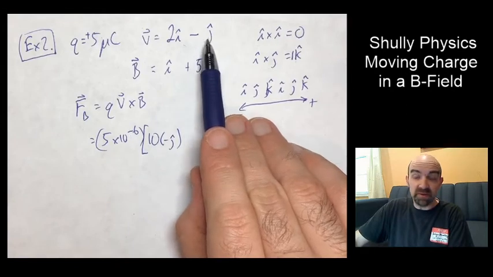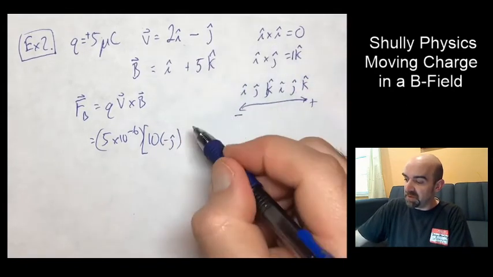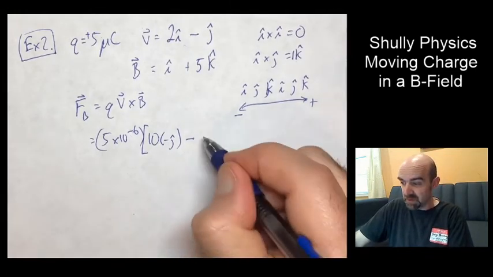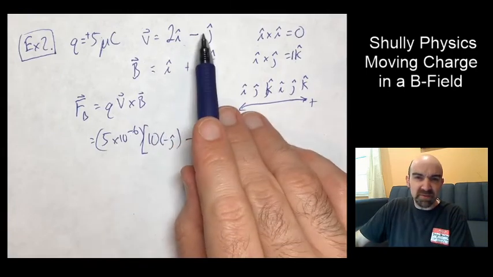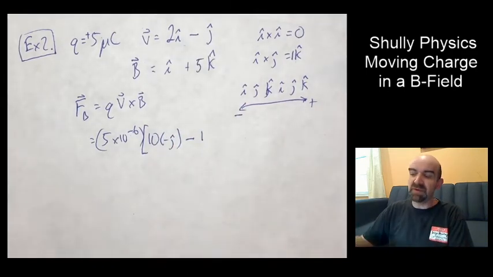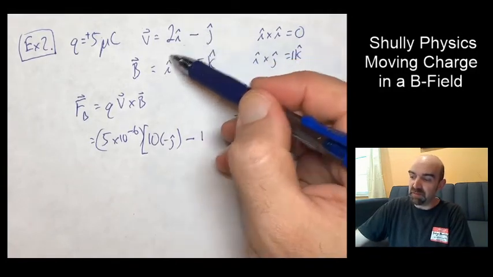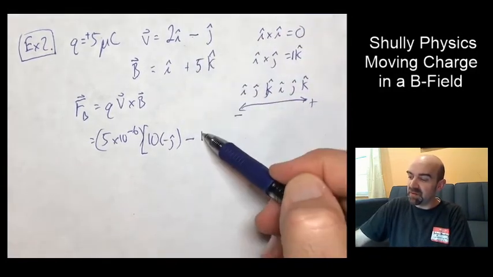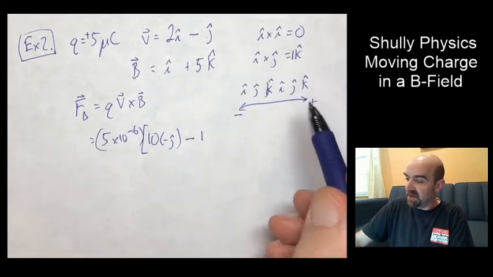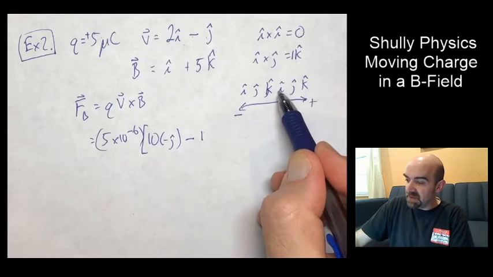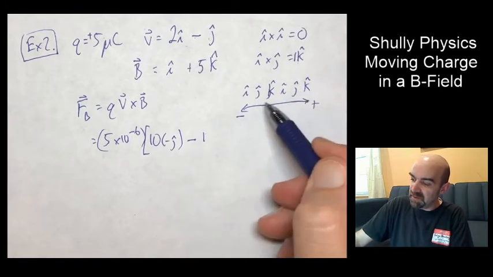Now I go to negative j cross i. So that's a negative 1 times a positive 1, which is a negative 1. I like to do the coefficients, keep them separate from the directions. So I've got a negative 1 already. Now I have a positive j cross a positive i. j cross i is a k, but in the negative direction.